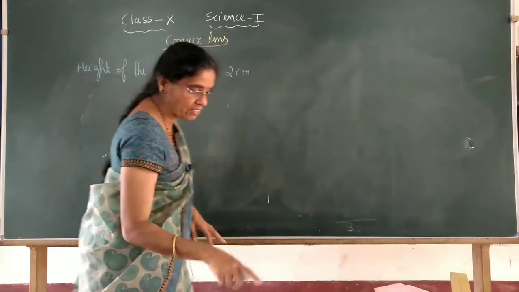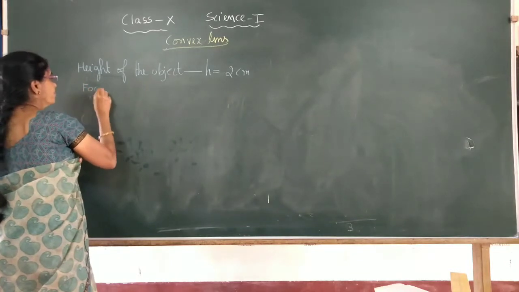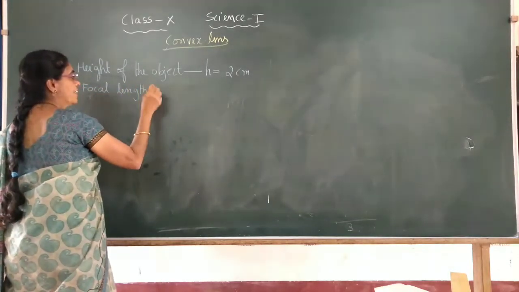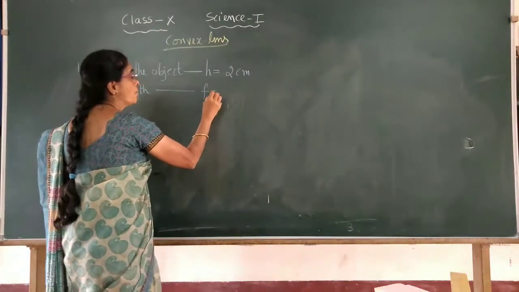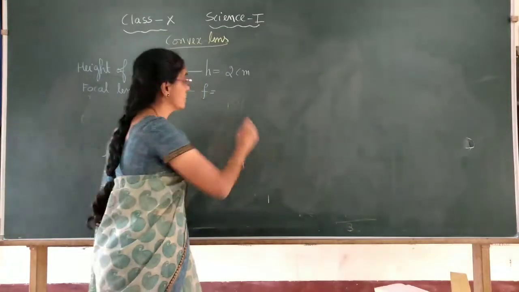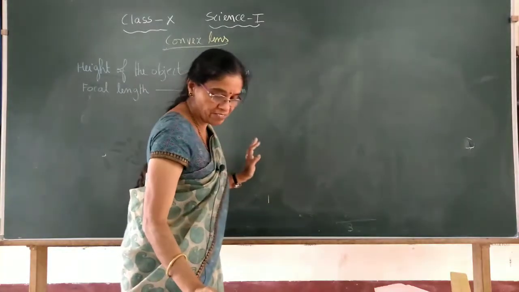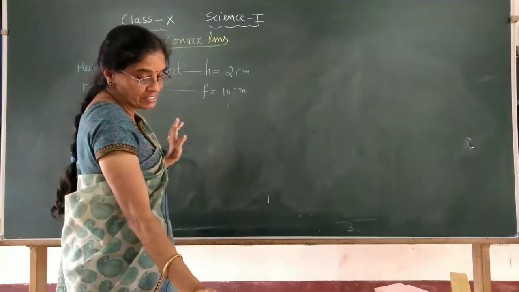Then focal length is given. Focal length of the convex lens. As I said earlier, focal length for convex lens you have to take always positive. So plus you have to take. So it is how much? 10 centimeter. Then they are given the distance of the object from the lens is 15 centimeter.